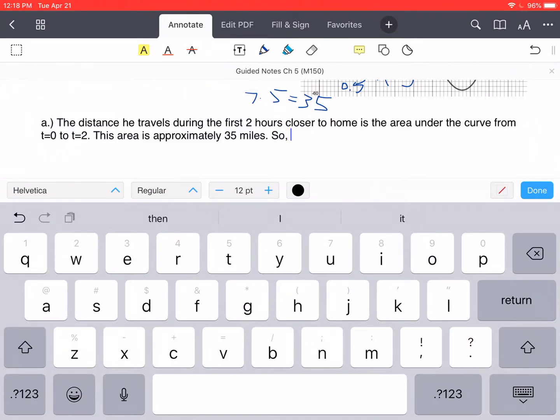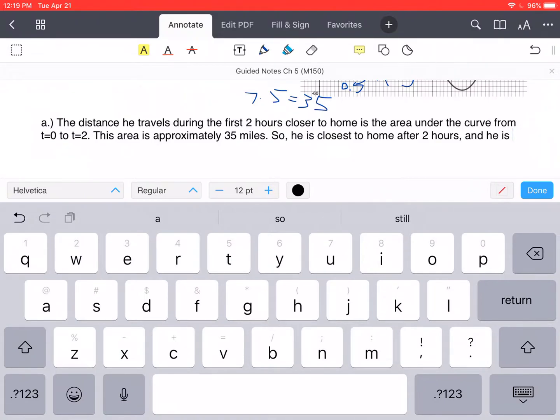So this area is approximately 35 miles. To answer the question, he is closest to home after 2 hours. And what is his distance away from home? Be careful when answering this, because the first inclination would be to say 35, because the area is 35. But remember, he started away from home, and he's going towards home.